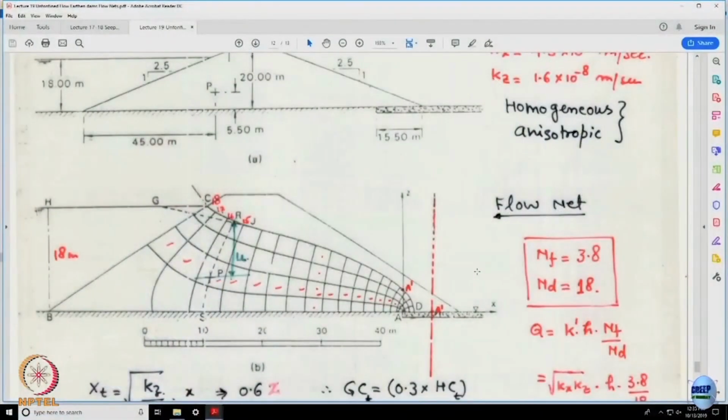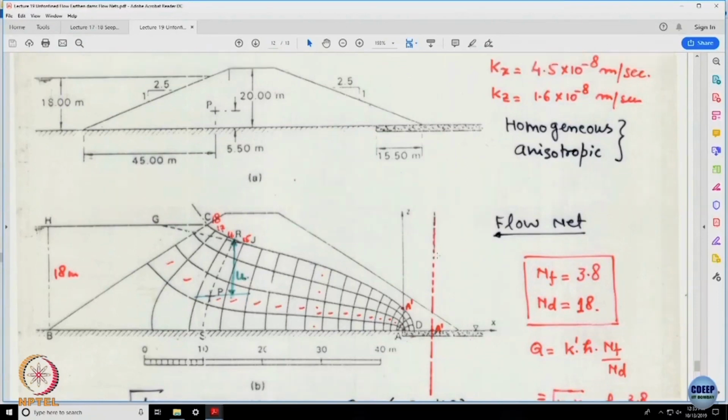Now, we will take the situation where the two problems which I wanted to discuss related to the confined flow. I hope you must have realized it is very difficult to draw the flow nets in case of the embankment by hand. One has to be a very good artist, otherwise it is extremely difficult because it is a very complicated set of the flow nets.